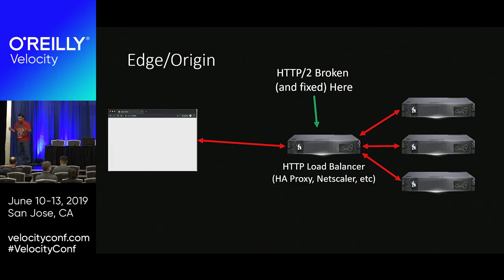But for the most part, the things that you need to care about are the two things on either end of the connection. There's the browser and what the browser is talking to. What the browser is talking to in your environment may be a CDN, maybe a load balancer, maybe a security device, maybe a layer 3 or layer 4 load balancer that terminates TCP, and then you've got something further upstream that terminates HTTP2.